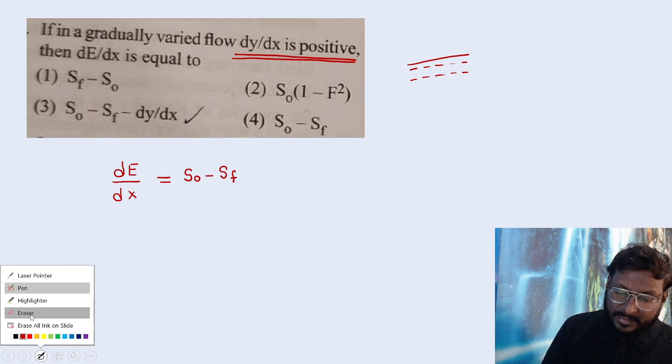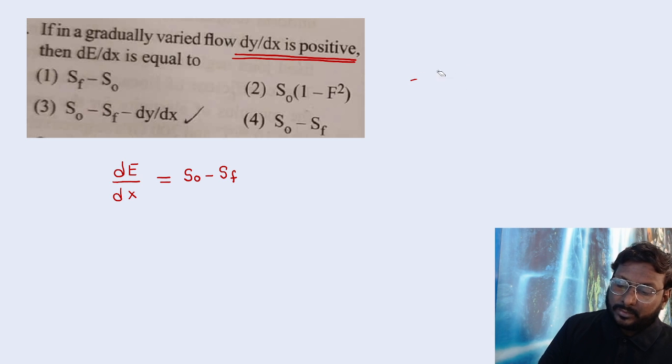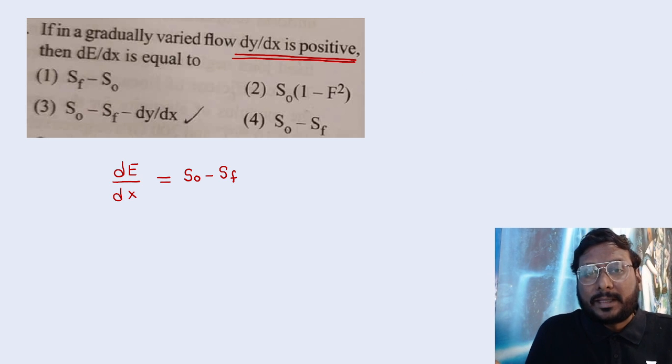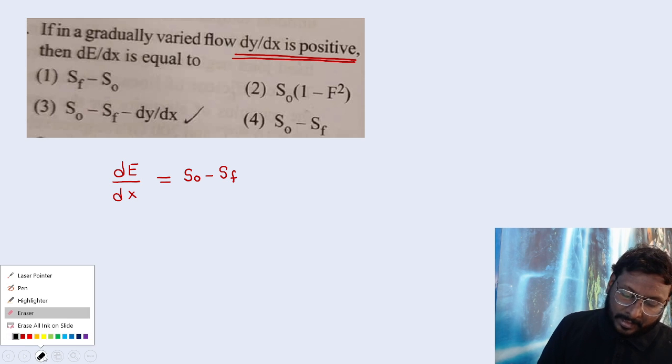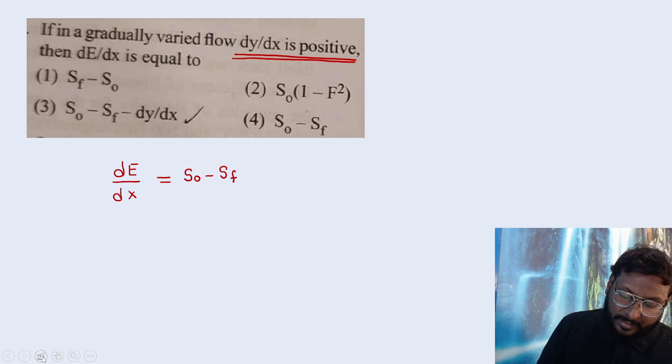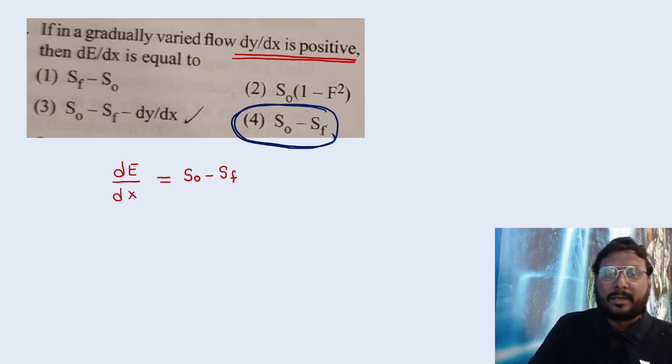So when dy by dx is positive, flow depth is increasing, and S0 is greater than SF. So you can take S0 minus SF. This was proved through our derivation. We have explained very clearly in the full length course how it is S0 minus SF.